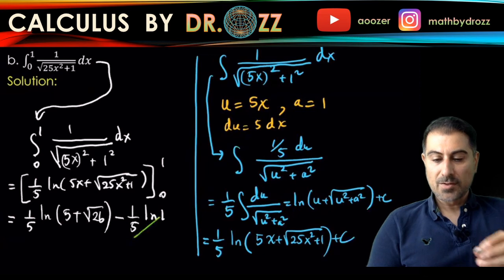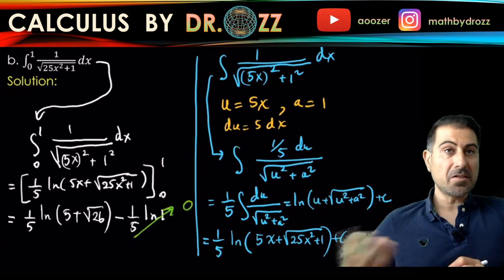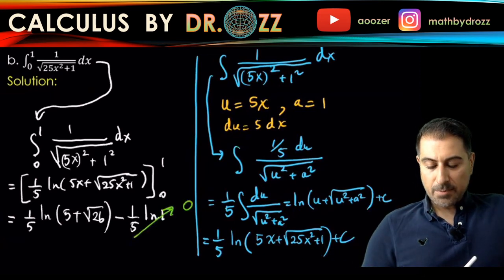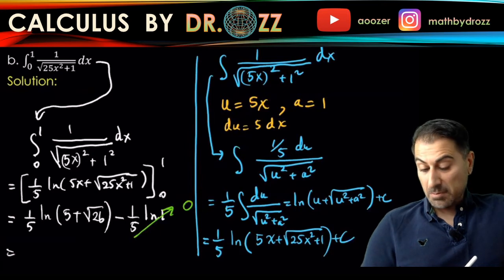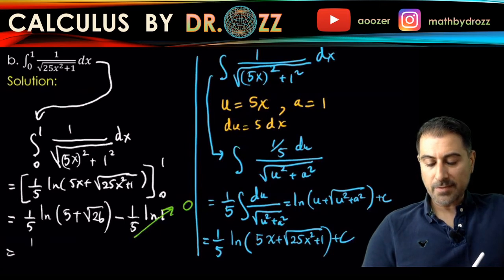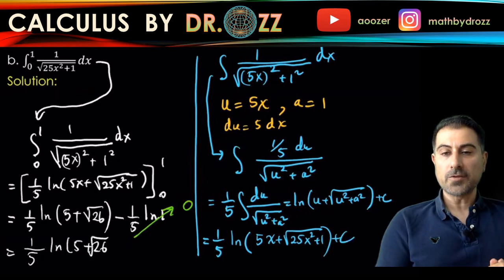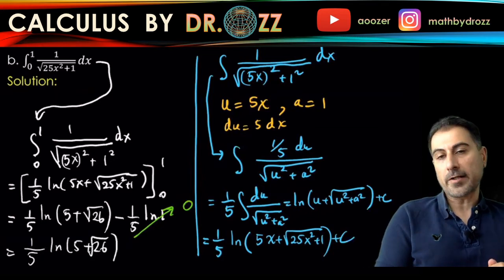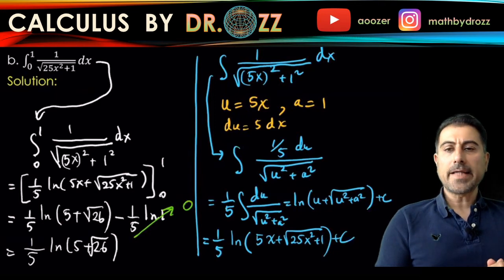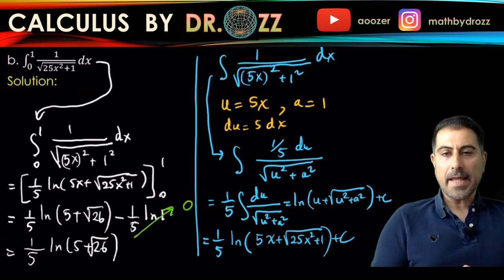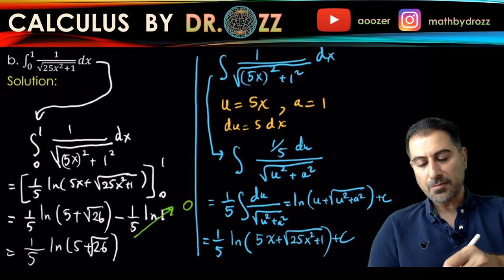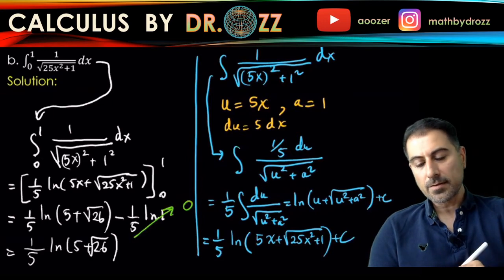Okay? So then if you want, you can go ahead and find a number with decimal places for this one, or just leave it as is, and this is the final result, which is the value of this definite integral. Like in part A, I'm going to relate this to an area concept because the given function is non-negative, right?